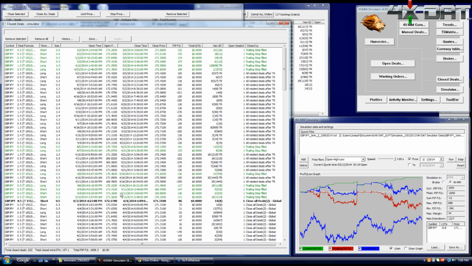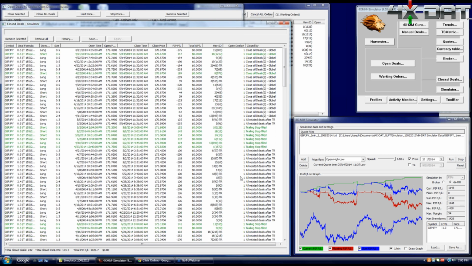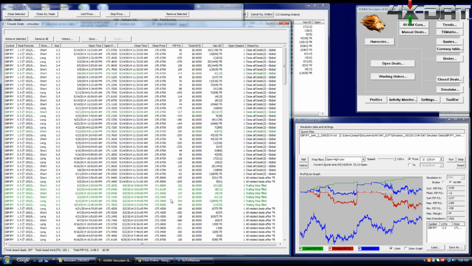What does that mean? That means that the trade is enough in a profit that it would be a shame to give up this profit if the market reverses. So what the software does, it puts a trailing stop on that specific trade, and then if the market reverses, it takes at least some of the profit rather than leaving it on the table and letting it go.